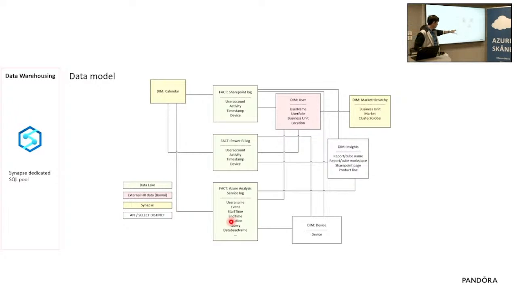You have the SharePoint log as one fact table, another fact table for the Power BI log, and then the Azure Analytics log. So three main, very big fact tables, and a few very small dimensions.